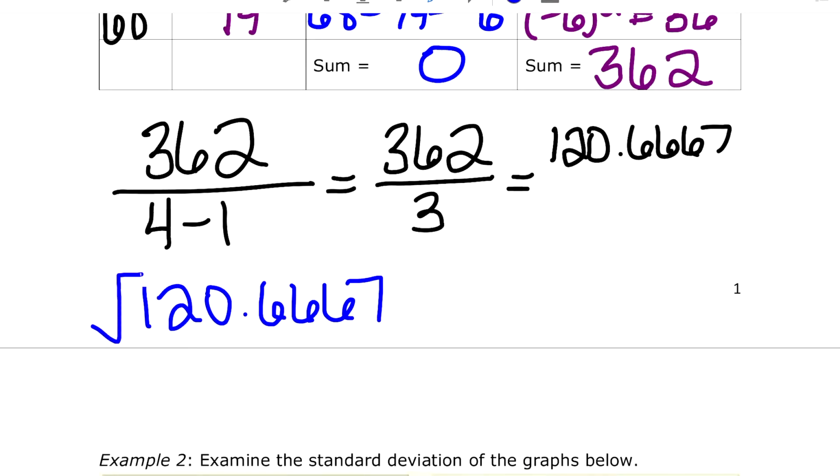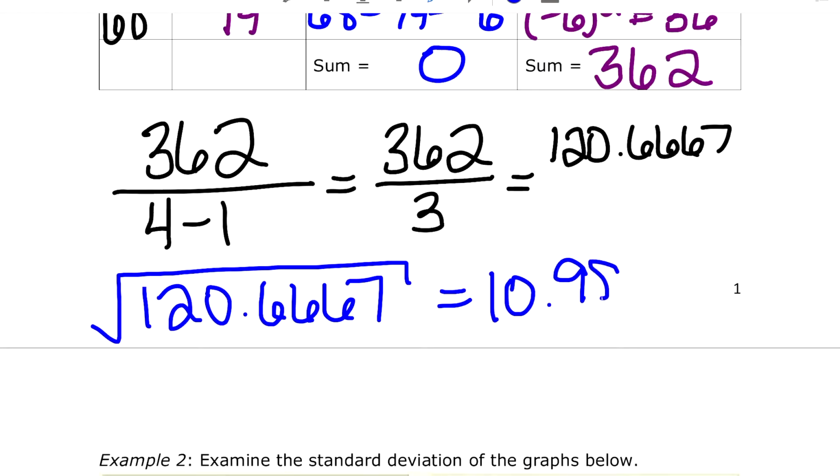Again, use all the decimals until you get to the end. And I'm going to take the square root of that. Okay, and I get 10.9848. And that is my sample standard deviation.